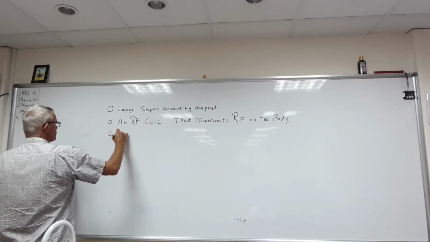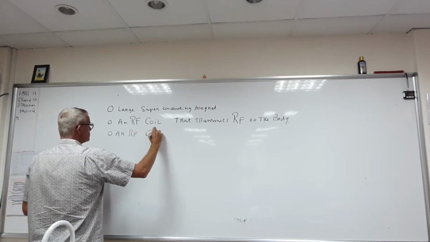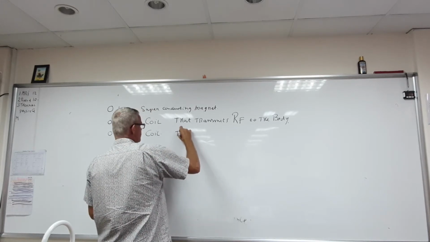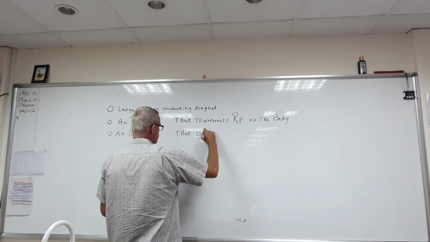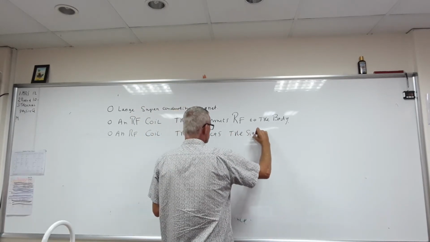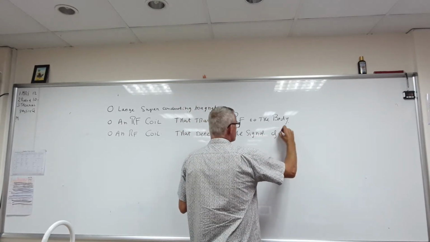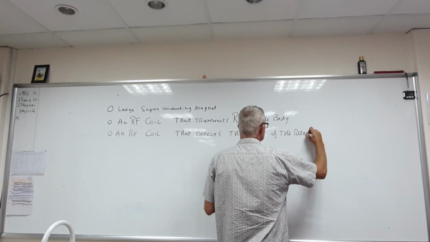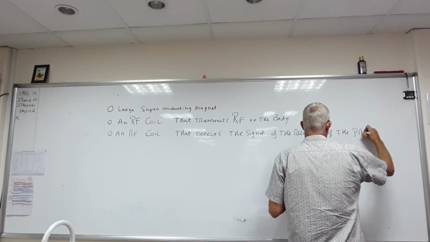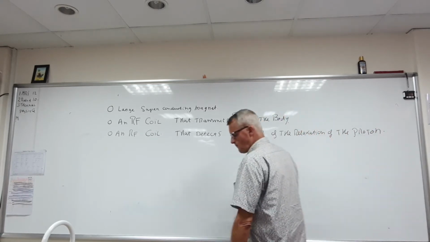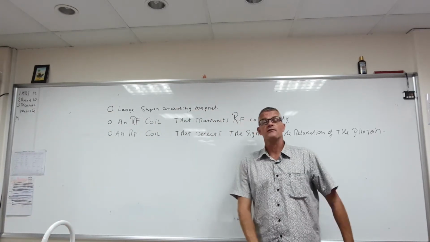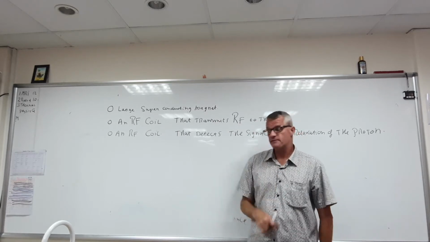Then we have another RF coil, and this coil detects the signal of the relaxation of the proton. Okay, and the relaxation time for different tissues is different, and then that's why we can distinguish different tissues.